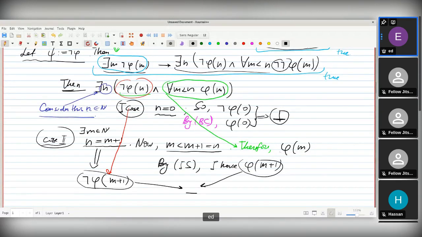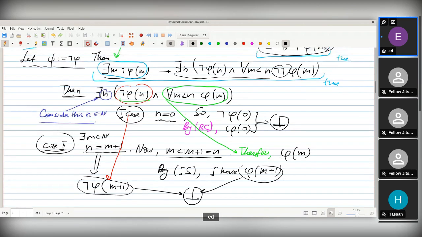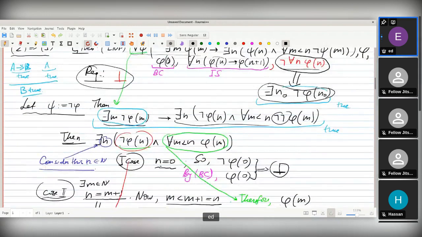The only possible consequence of these two is a contradiction. So I have obtained a contradiction in both of these possible cases, when n equals 0 and when n is not 0, when n is something plus 1. Both these cases result in a contradiction.